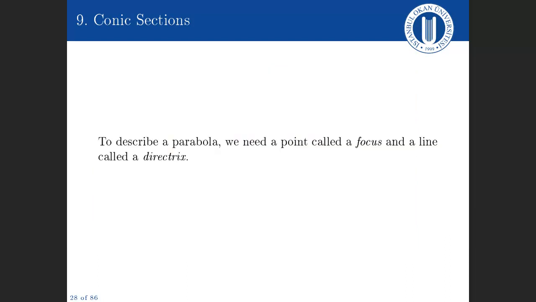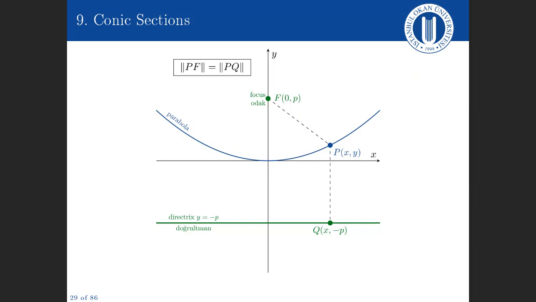To describe a parabola, we need a point called a focus, and we need a line called a directrix. Here's a picture. My focus is the point (0, p), and my directrix is the line y equals minus p. And then I have a parabola in the middle.